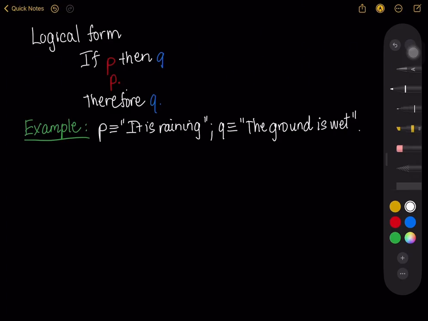Okay, so let's use the common logical form to write down an argument. So we have if it is raining, right? If P, then Q, so then the ground is wet.